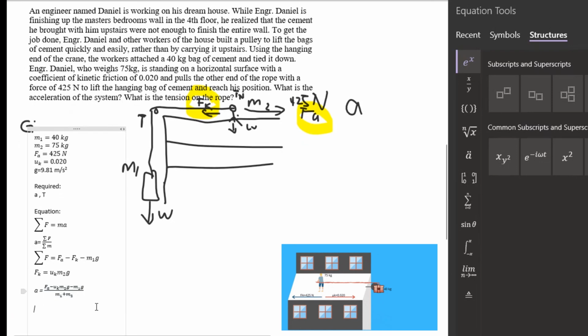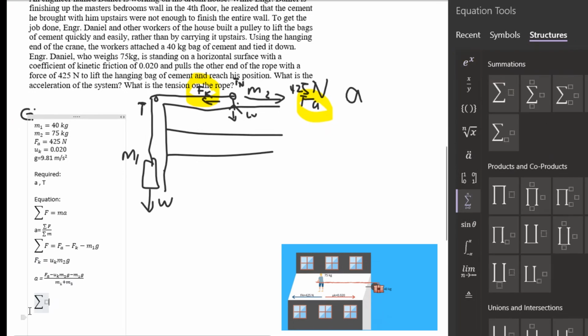Then for the next equation, we're going to find the tension exerted on the rope. For the tension on the rope, we're going to look for the summation of F in the y-axis, since we're just involving the tension, which acts in the y-axis. That's why it's the summation of forces in the y-axis on the hanging object.